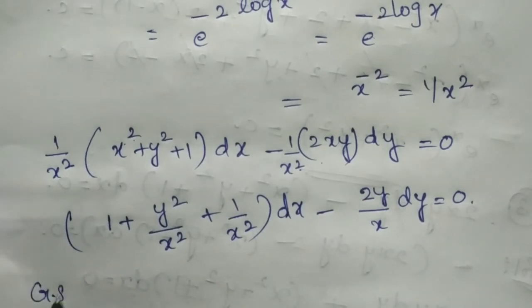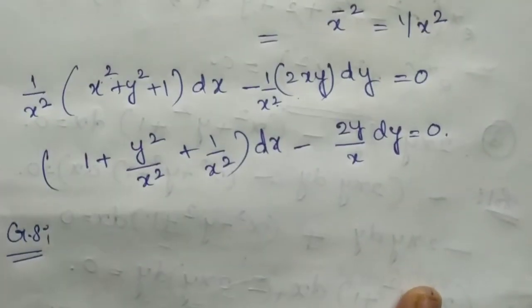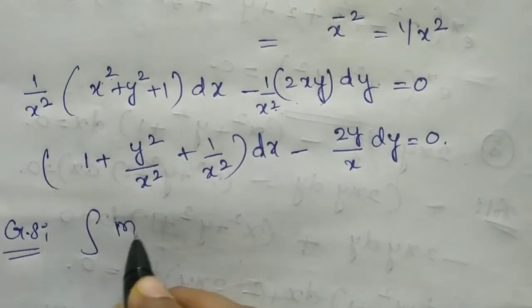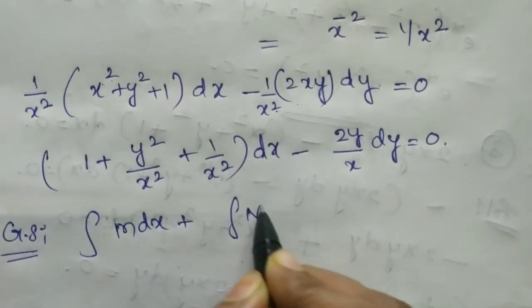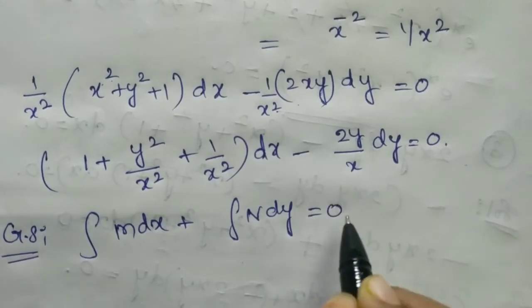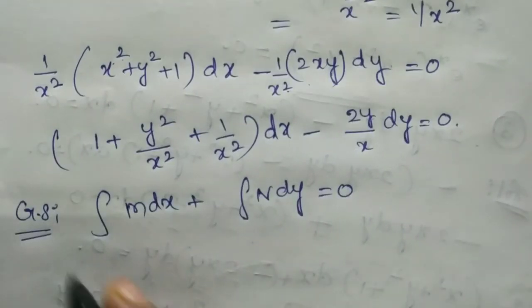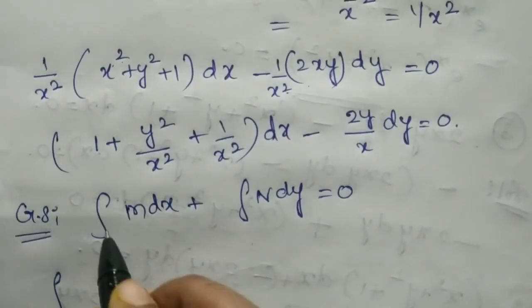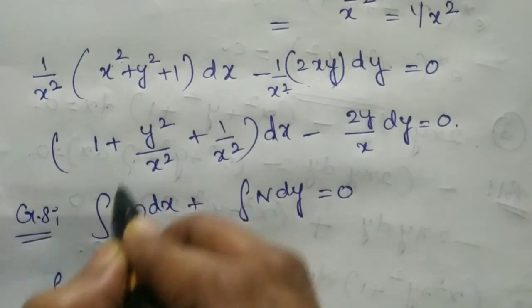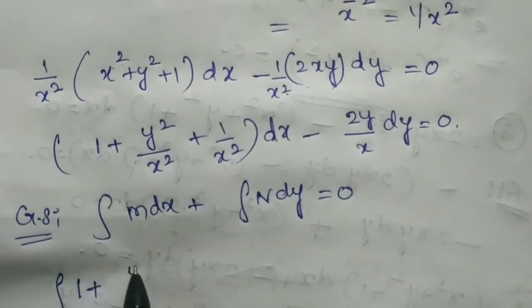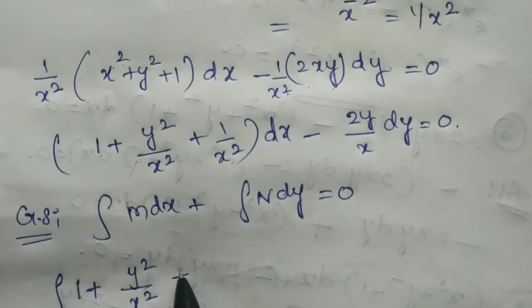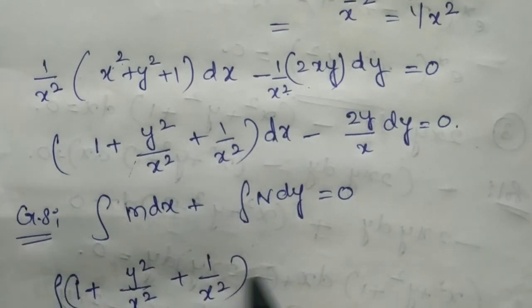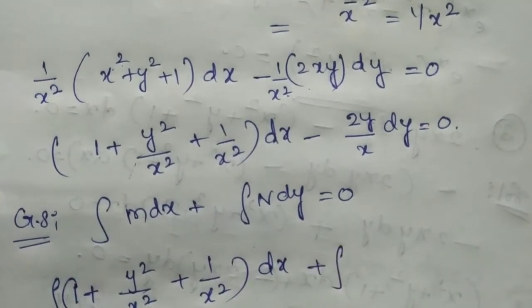So what is the general solution of exact differential equation? Integration of m dx plus integration of n dy equal to c. So therefore integration of m dx. What is integration of m dx? 1 plus y square by x square plus 1 by x square dx plus integration of n dy.